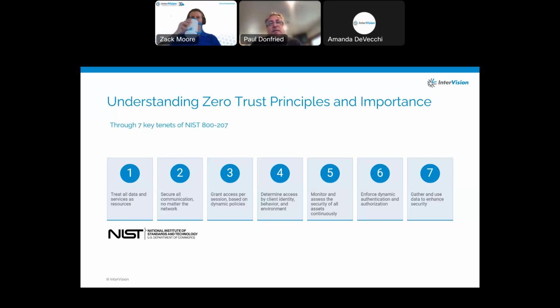One, when I think of NIST, right, the image that always pops into my head is when I'm putting gas in my car and there's that standards and weights seal on the pump, right? That's certified against a NIST standard. And so that's NIST's job, is to create these standards and these principles to help make commerce even and accessible, right? And so I think the 800-207 guidelines are brilliant, right?